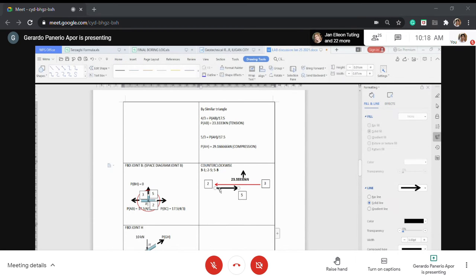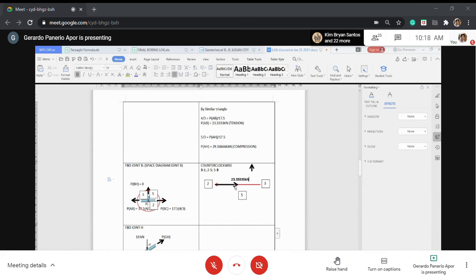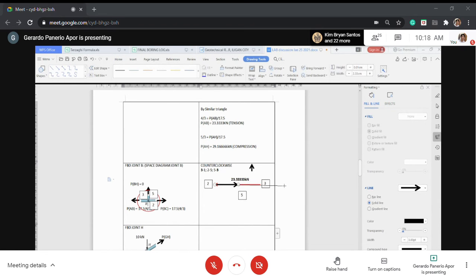And then 2 to 5, you do not know. So that's 5. Then from 2 to 5, we superimpose it. Now you do not know how long that is, but the principle is that it will always go back to its original point.